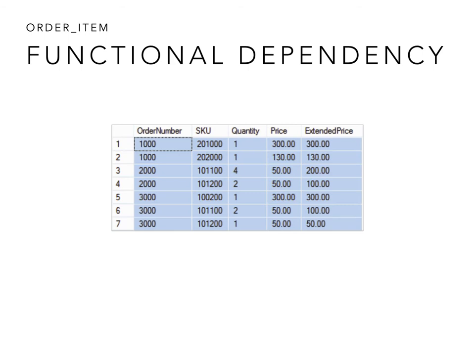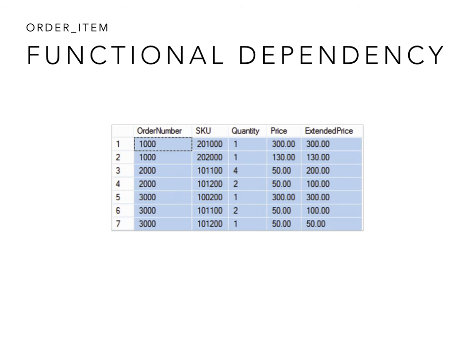So if we look at this, what functional dependencies exist within this data? Notice that order number 1000 has one of these things and one of these 202s. But both of those are order number 1000. You see that? So that's how we would accumulate multiple items on one order.